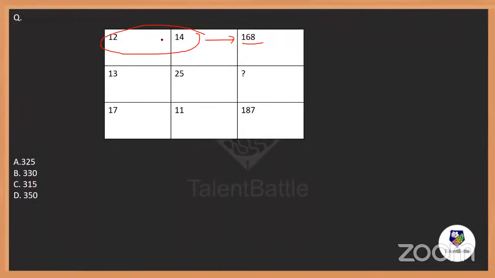So let's check. 12 into 14 is how much? 168. Exactly correct, it's just the product of both of them. Similarly, let's cross verify here. 17 into 11 is how much? 187. Exactly, just the product is written here.